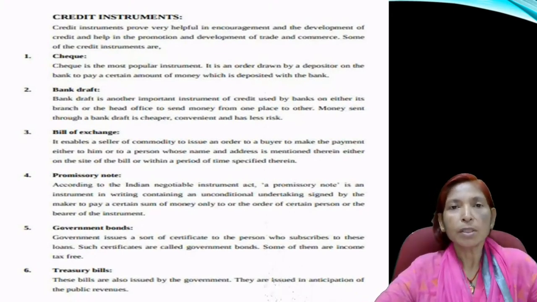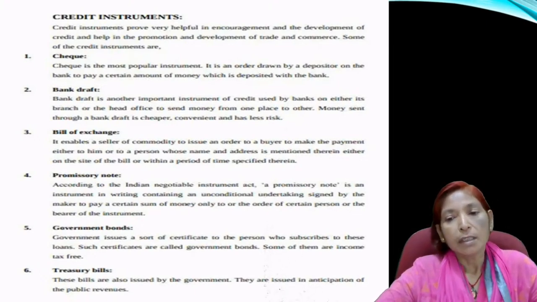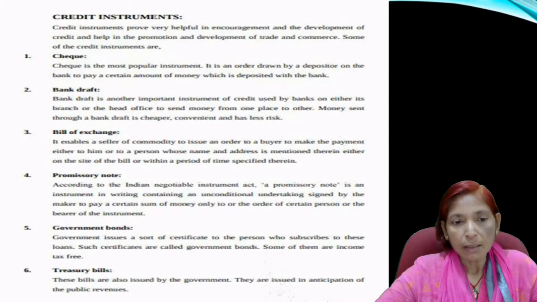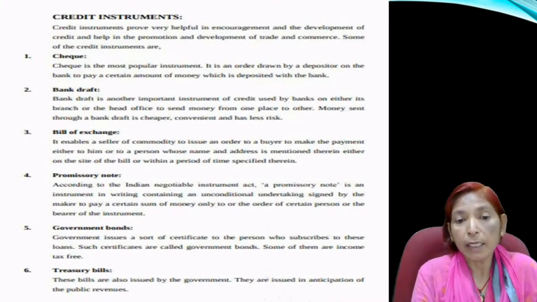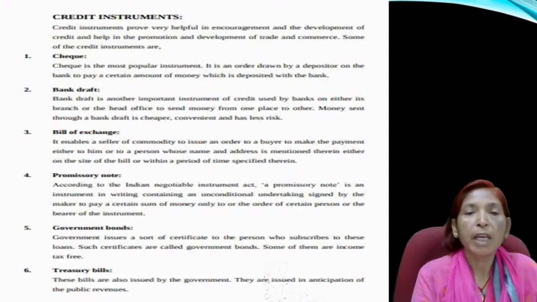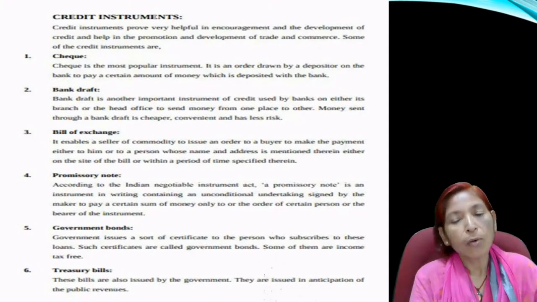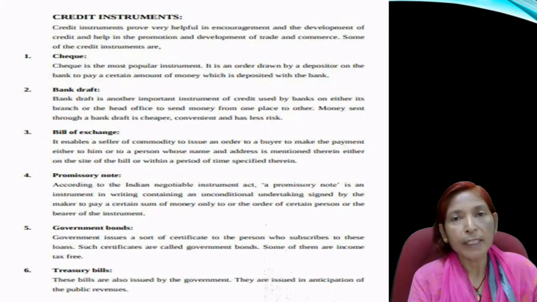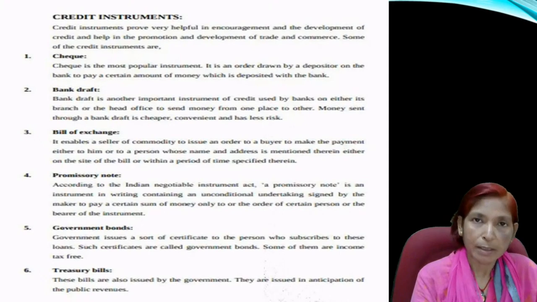And a promissory note, as is clear by its name, is a promise. A promissory note is a written instrument containing an unconditional undertaking signed by the maker to pay a certain amount of money only to, or to the order of, a certain person or the bearer of the instrument.